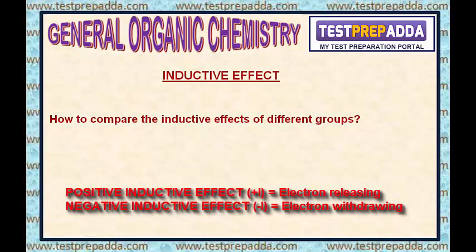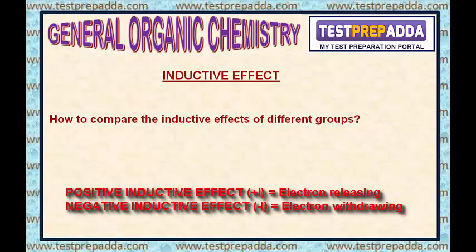Positive inductive effect means electron releasing tendency. I gave you the examples of those groups which show negative inductive effect, means electron withdrawing tendency. Dear students, electron withdrawing nature or electron releasing nature, this is the characteristic of the group.